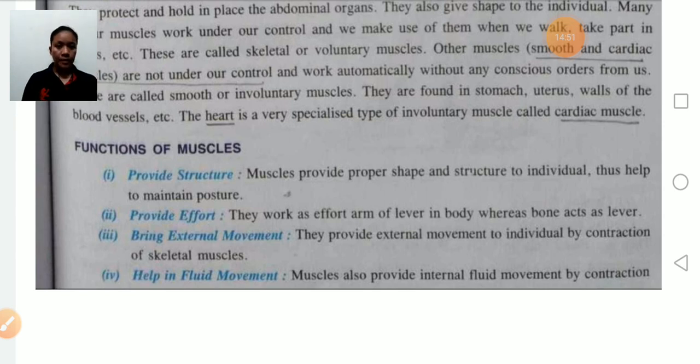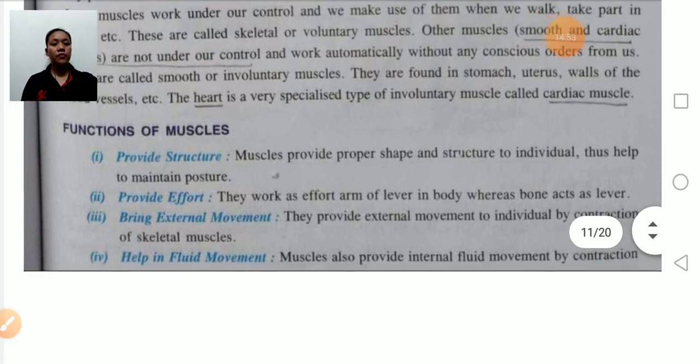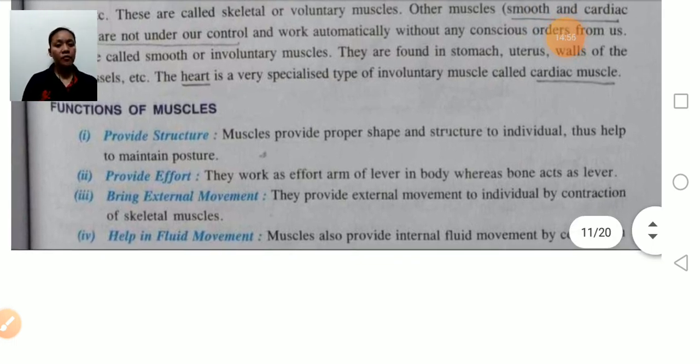Provide effort. They work as effort arms of levers in the body, whereas bones act as levers. Muscles are the effort arm of levers, they help the levers. Bring external movement.